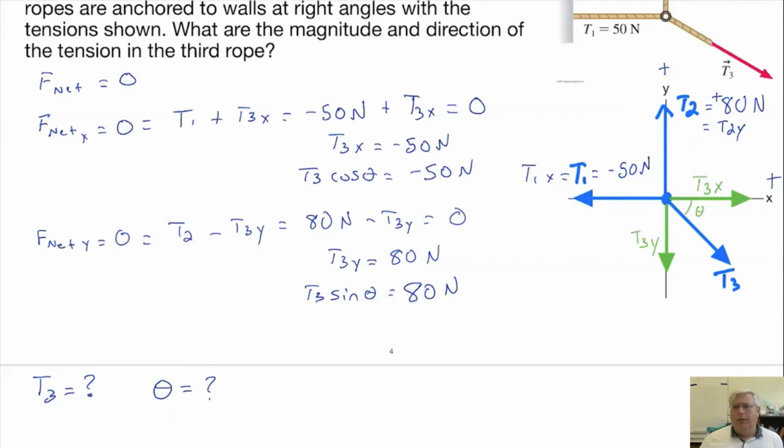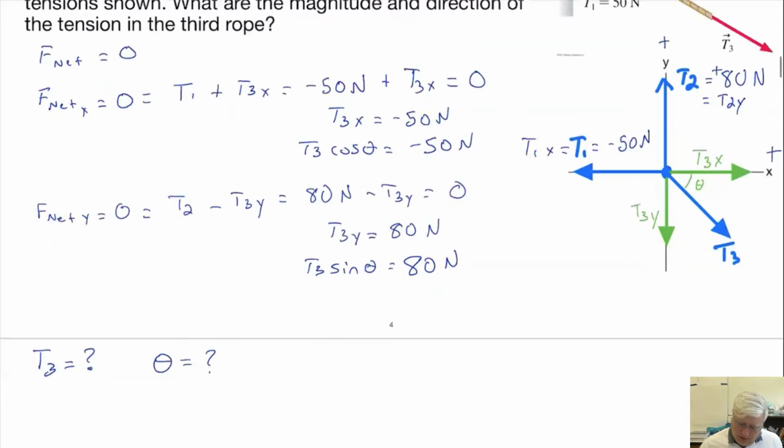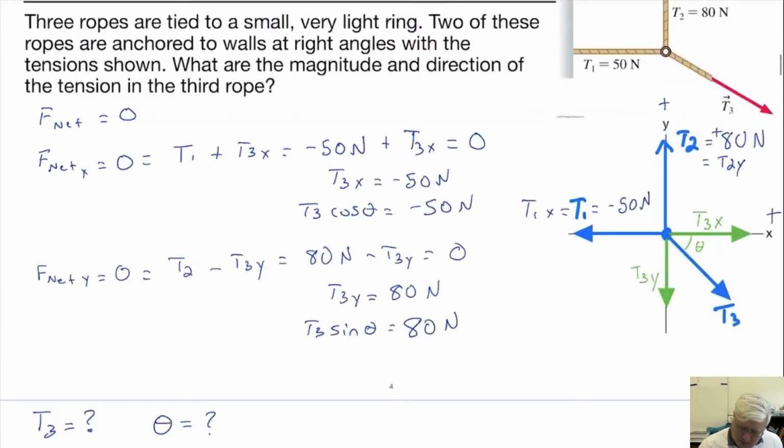So we might say, what do we want to know? Well, the question was, what's the magnitude and direction of the tension in the third rope? That's what our two question marks were, the things we don't know. So that's what we're looking for. So I'm just going to box off these two statements that we created.